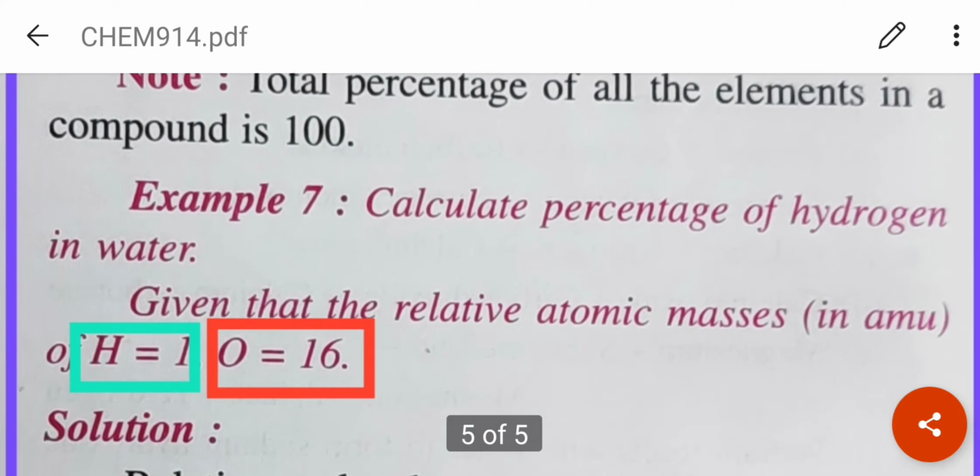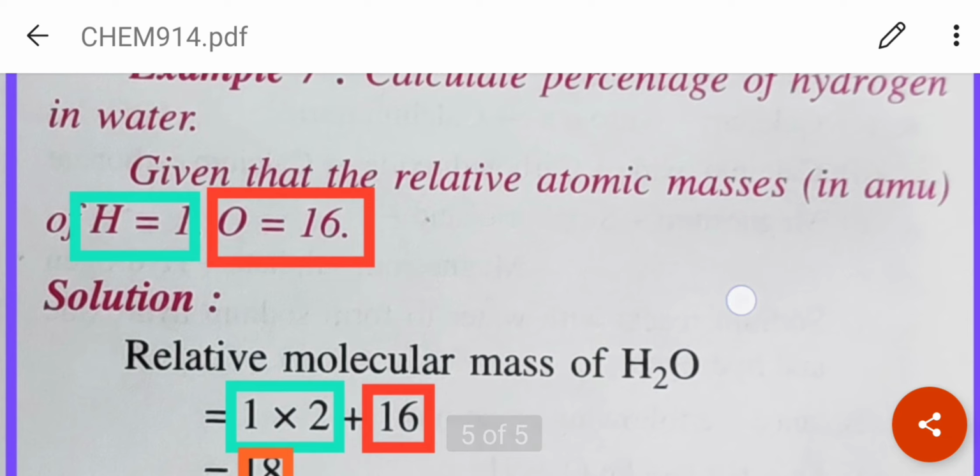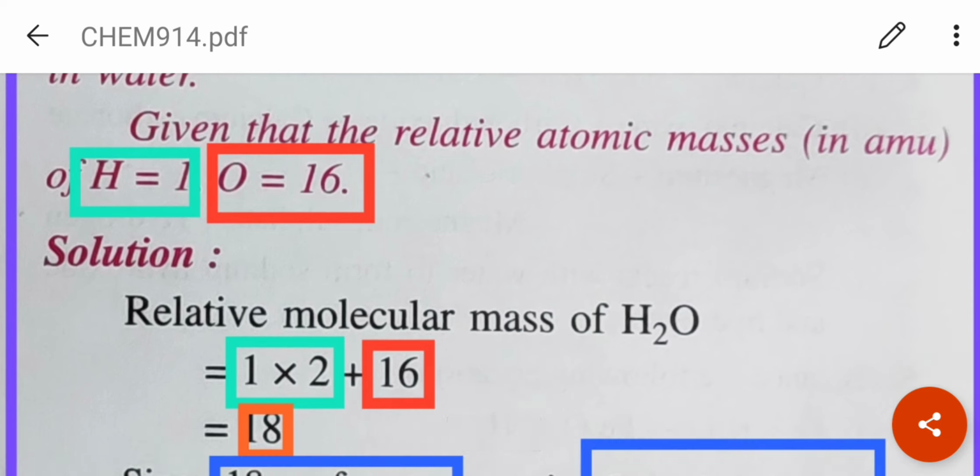Now we'll go through an example. Calculate the percentage of hydrogen in water. We know that the atomic mass unit of hydrogen is 1 and that of oxygen is 16.